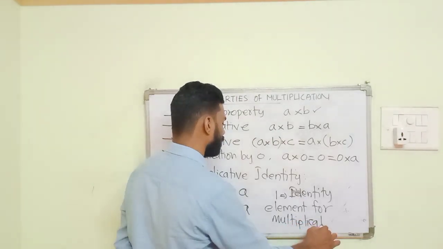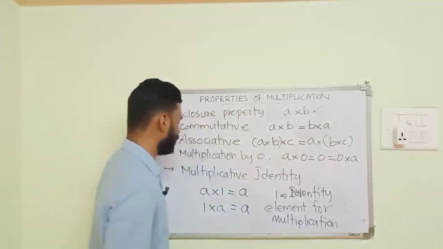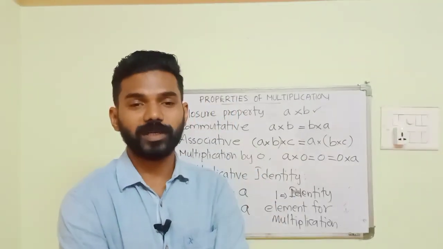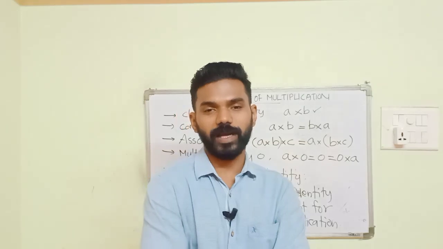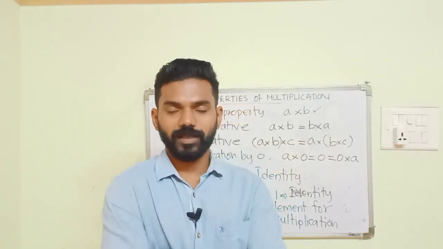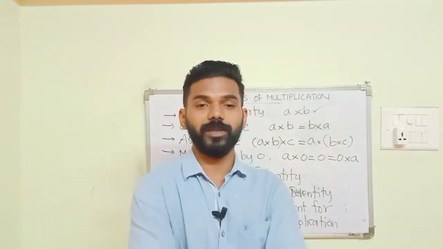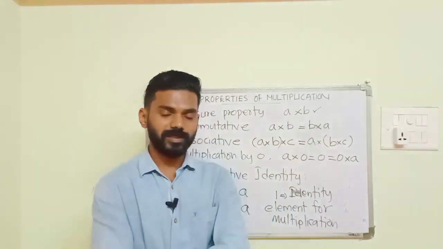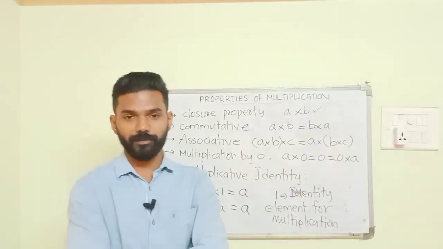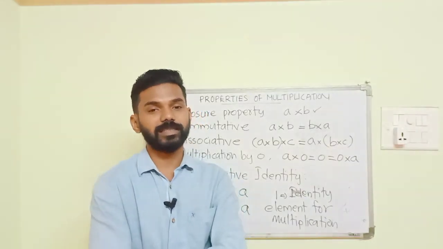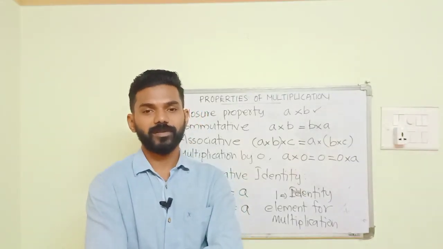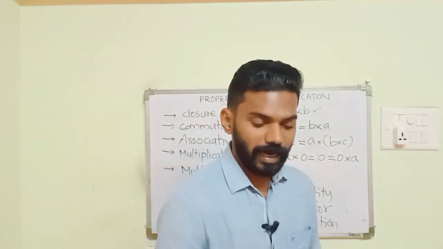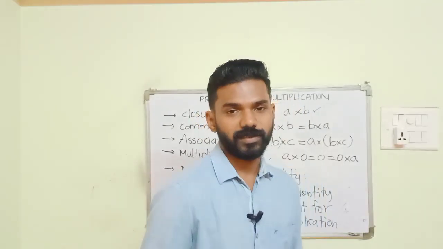So this is the fifth property, the multiplicative identity property. According to this property, if we multiply a number by 1, or if 1 is multiplied by a number, the answer will be the same number itself. Have you all understood? That is why 1 is called the identity element.